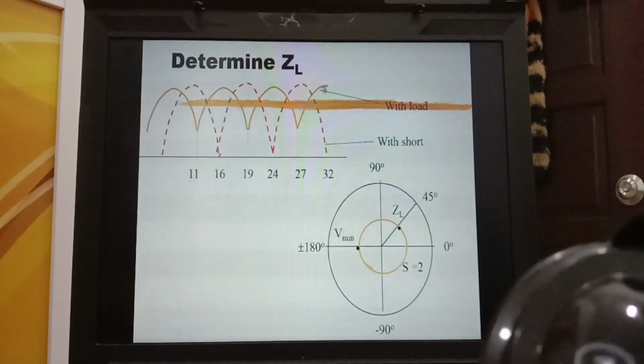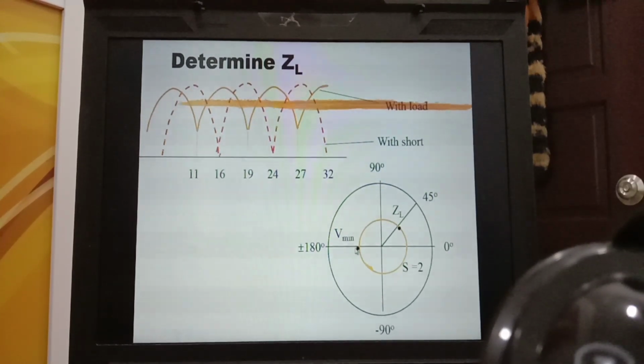So that is a distance of 5 cm towards load from the minimum point.